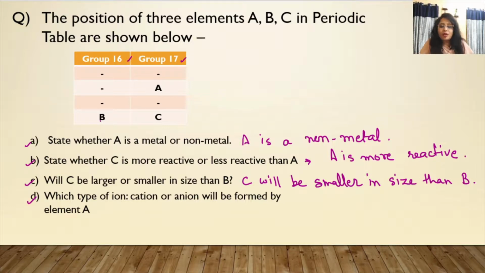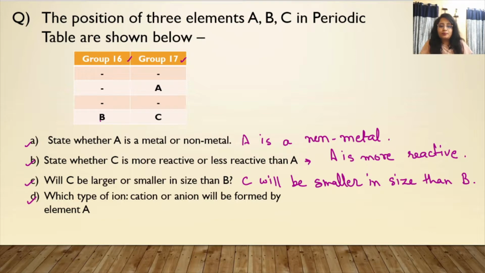Which type of ion, cation or anion, will be formed by the element A? Again, as we know, electronegativity, or we can say in other terms, electron gain enthalpy. We learned this term also. Electron gain enthalpy increases along the period.